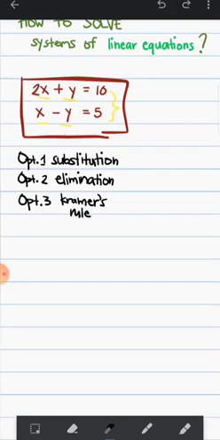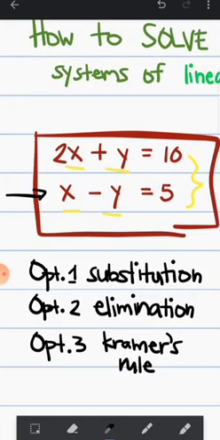So let's try option 1 on how to solve this system of equations. For substitution, what we're going to do is isolate one variable and substitute it into the other equation. Up here, I can isolate x or y. By isolating, it means leaving one variable alone on one side and transposing the other terms or constants to the other side.